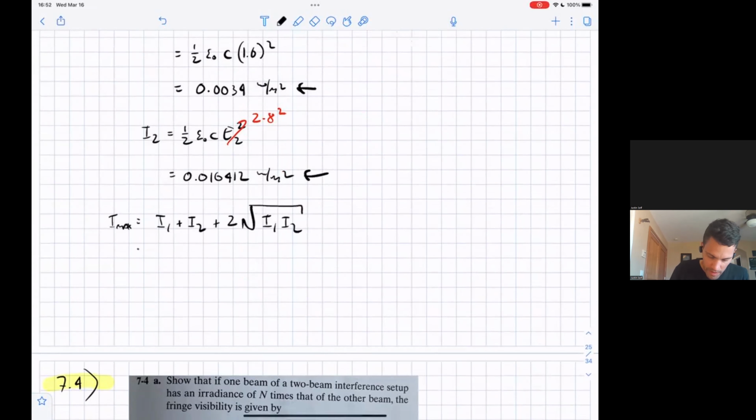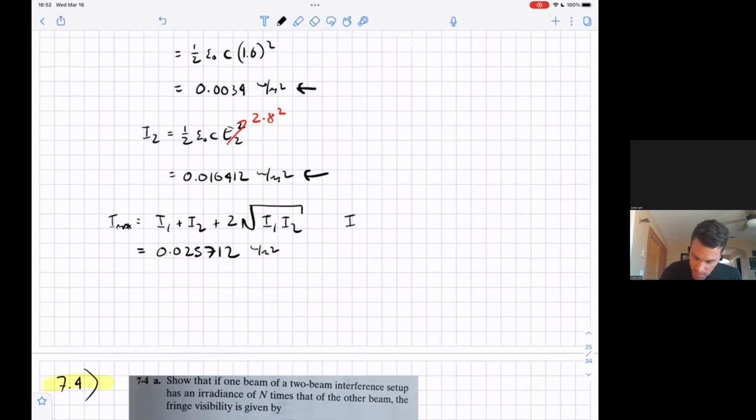When you type that into your calculator using the values we just found, you should get Imax equal to 0.025712 watts per meter squared.